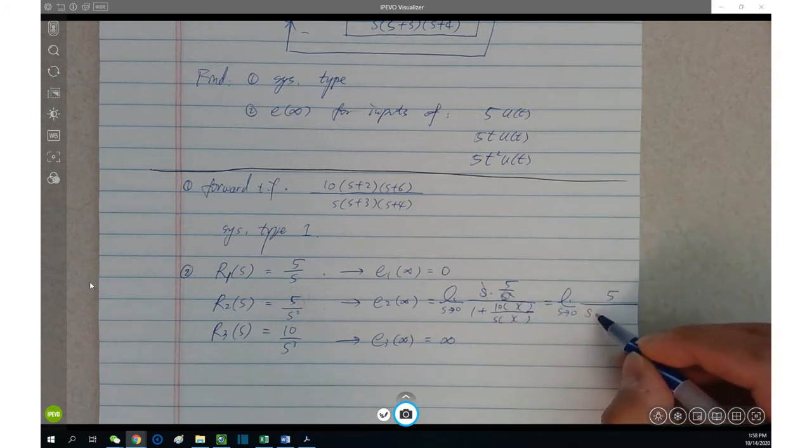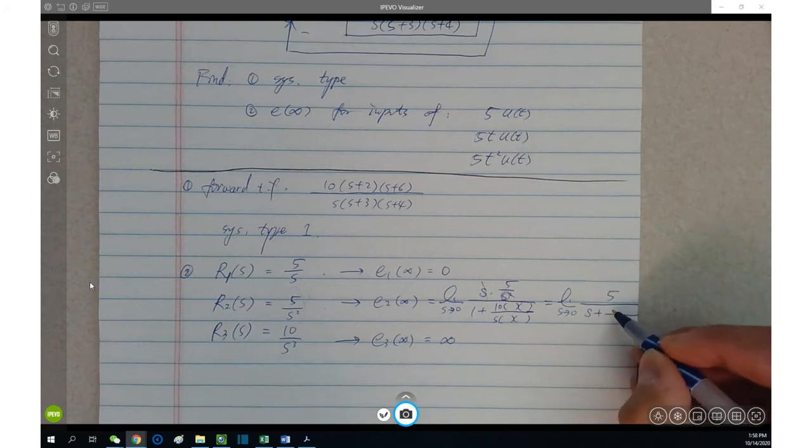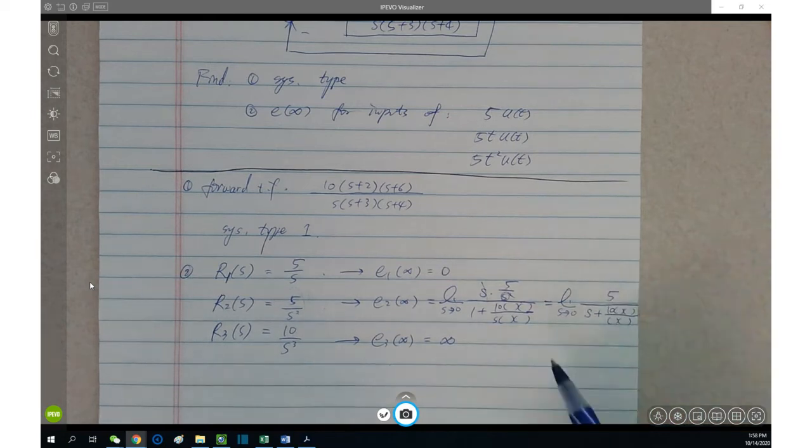But this s needs to be multiplied into the denominator. Therefore, you end up with 10 times the parentheses in the denominator, because this s gets canceled by this s. Once again, this s gets canceled by this s. Does it make sense?